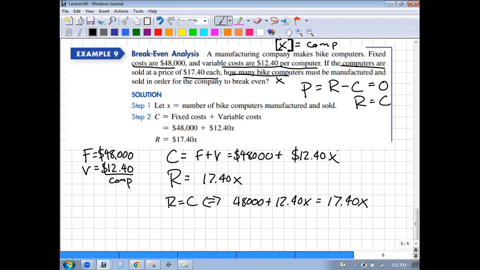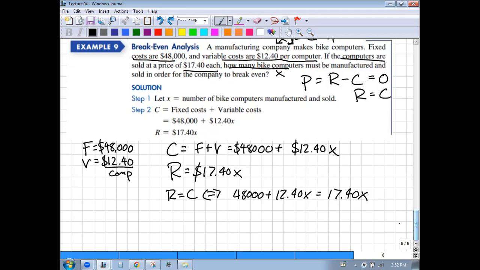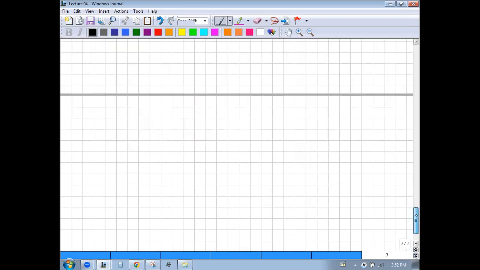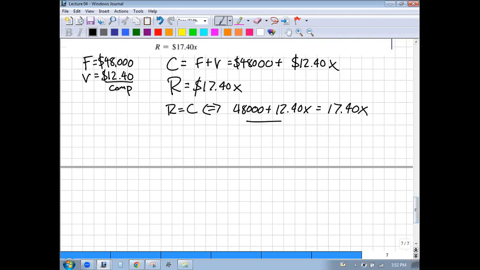Really, there's dollar signs here everywhere, but the first thing I'm going to do is divide everything by dollar sign. So we can just throw the dollar signs away. They fall out of the equation. We're going to be left with computers, basically. This is something simple.